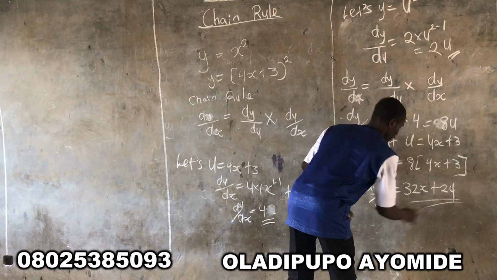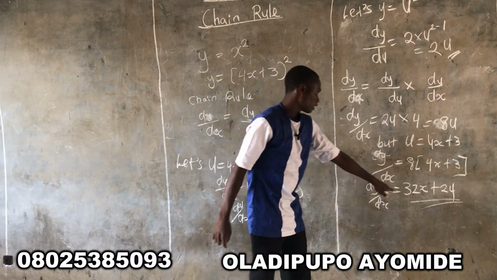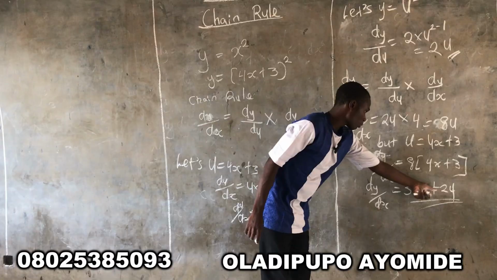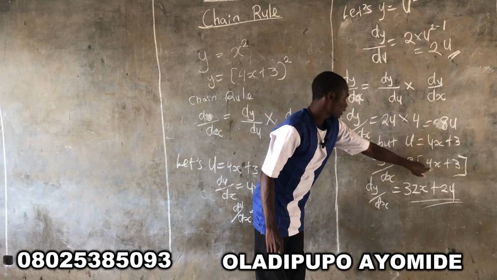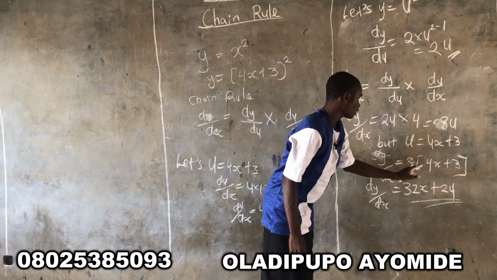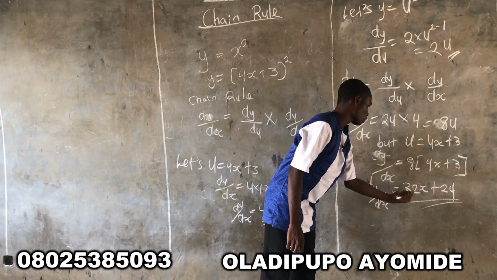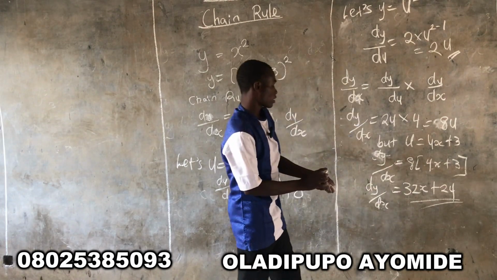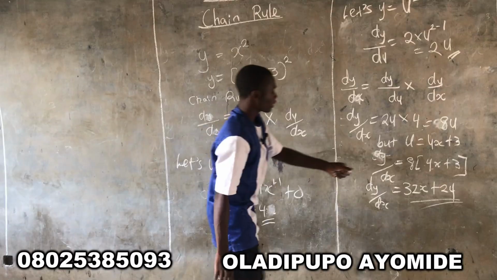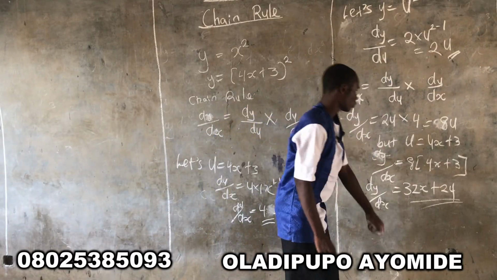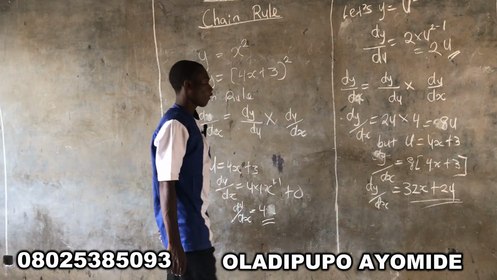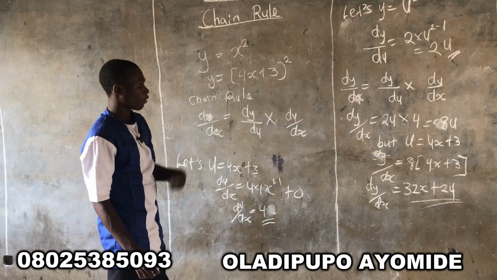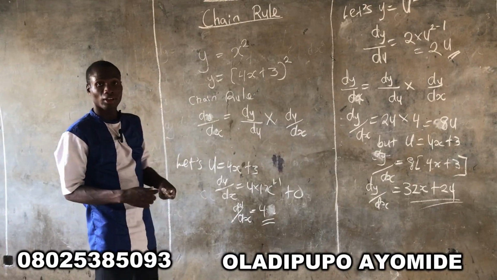So our final answer here is 32x plus 24. So now let's take another question.